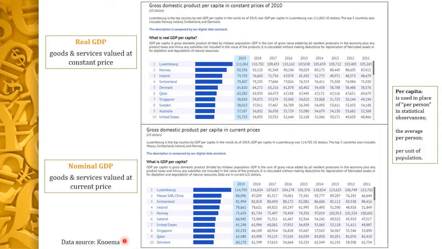But their growth rate hasn't been that phenomenal compared to the rest of the world if we use a constant price. So each one of these, real versus nominal, gives us some information. But remember, nominal is like a snapshot for that year versus real, which helps us really compare from one year to another. So let's take a look at a little bit more data charts, and we can see that each one gives us a different sort of viewpoint of what's going on.